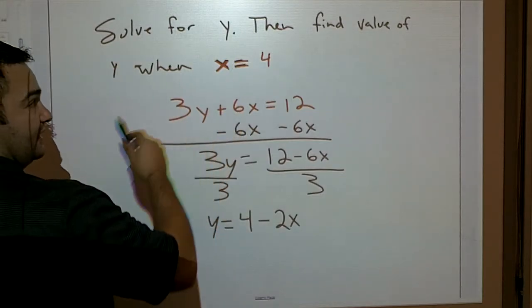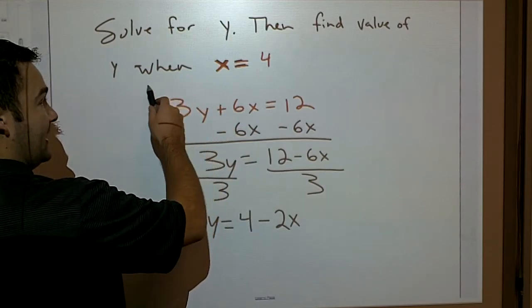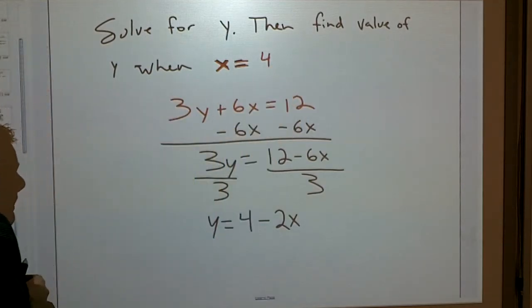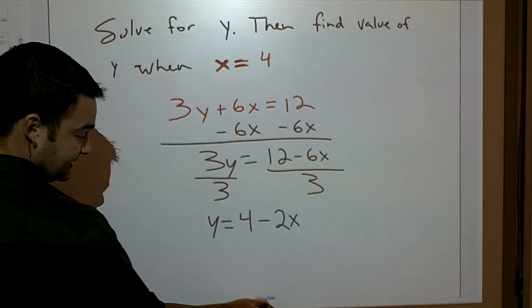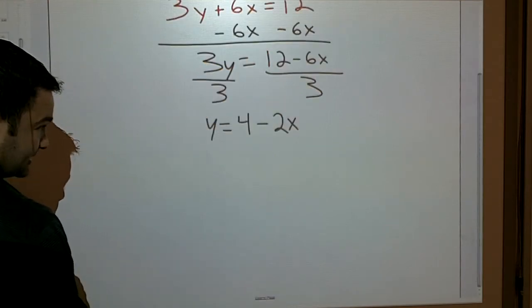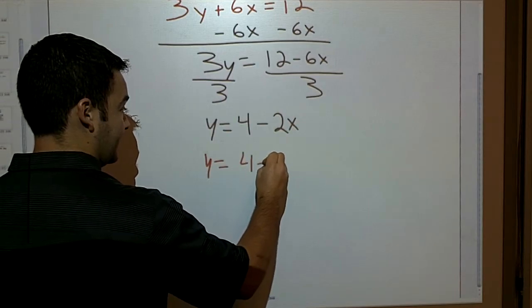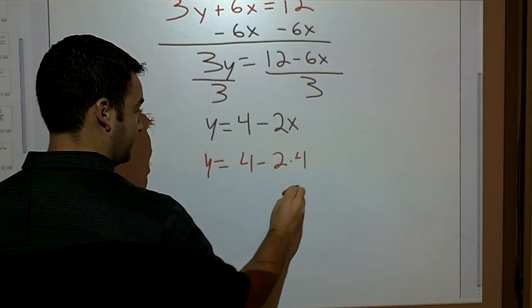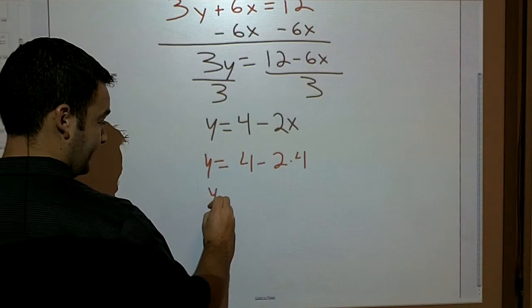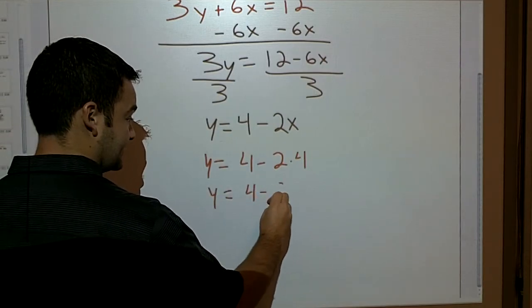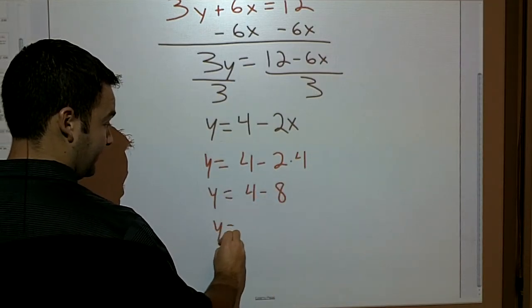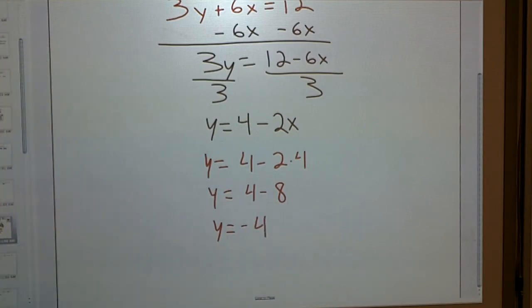Now the second step: find the value of y when x is equal to 4. All we do is substitute 4 in for x. We get y equals 4 minus 2 times 4, or y equals 4 minus 8. y will be equal to negative 4.